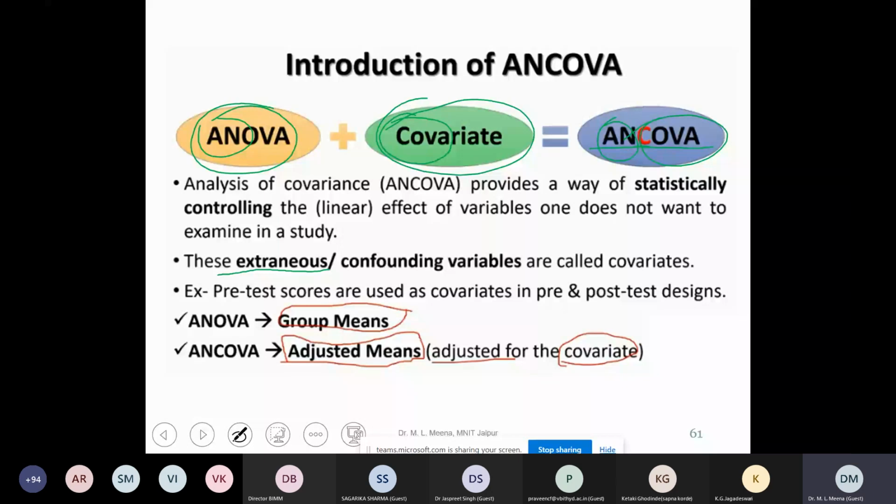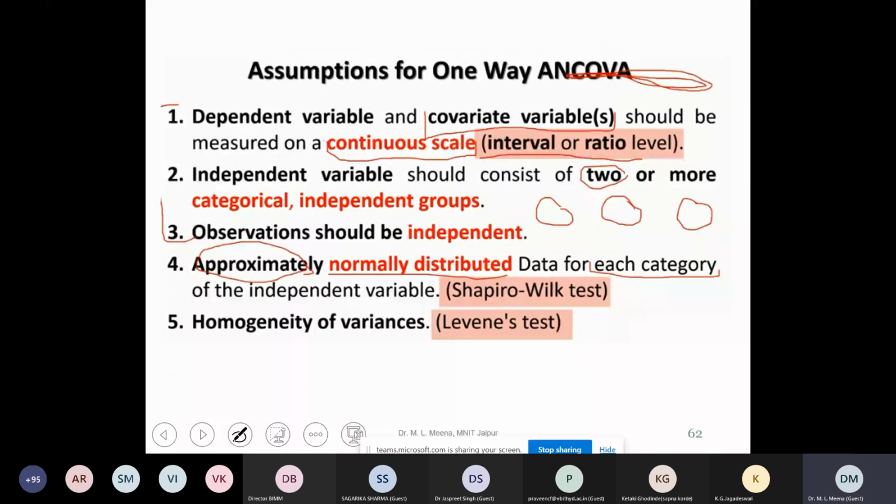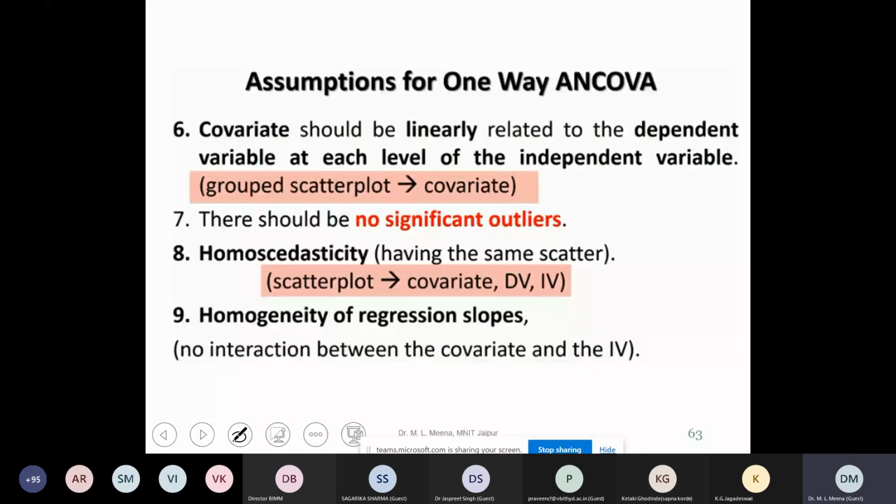The dependent variable and covariate variables should be measured on a continuous scale, interval or ratio level. Independent variables should consist of two or more categorical independent groups. Observations should be independent, normally distributed, with homogeneity of variance. The covariate should be linearly related to the dependent variable at each level of the independent variable.